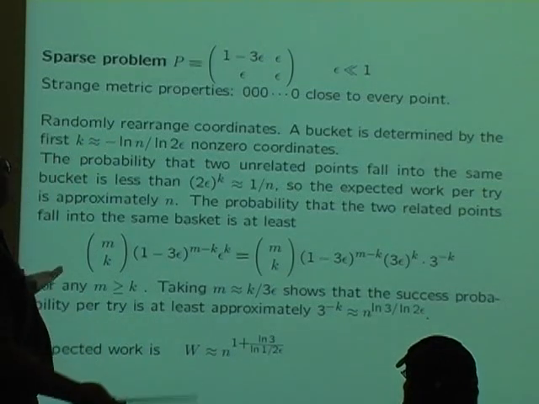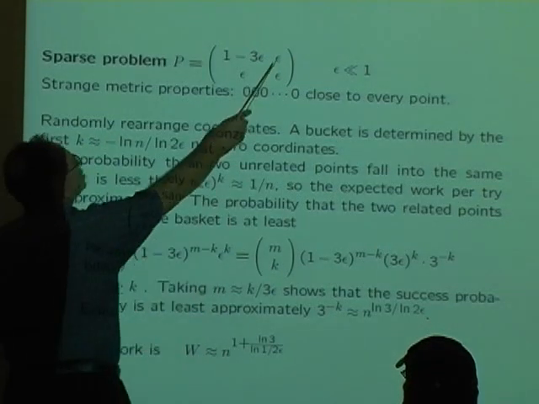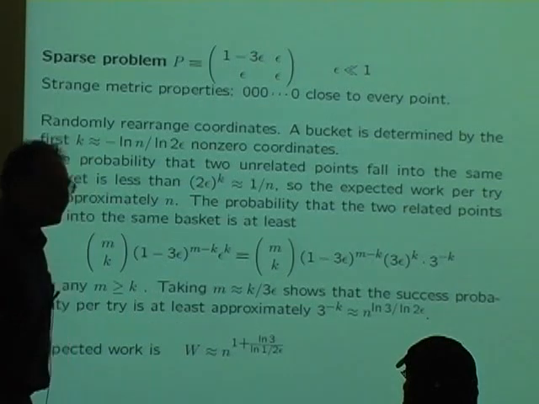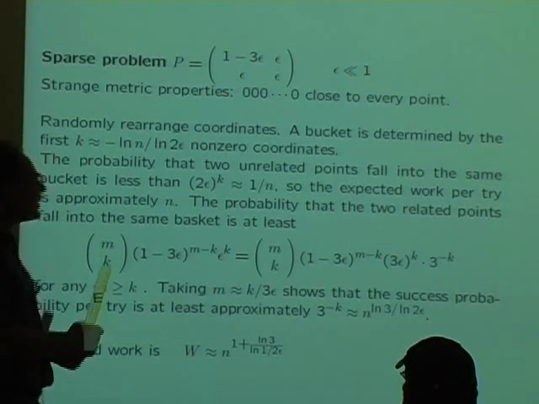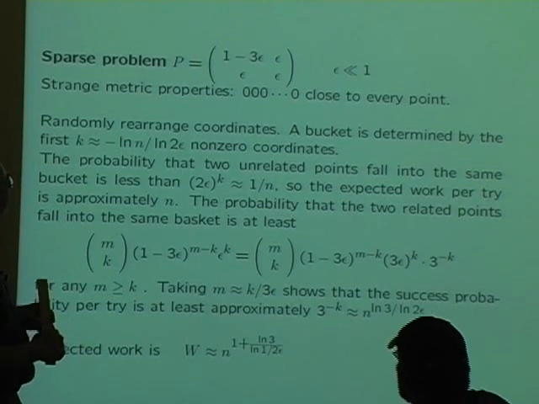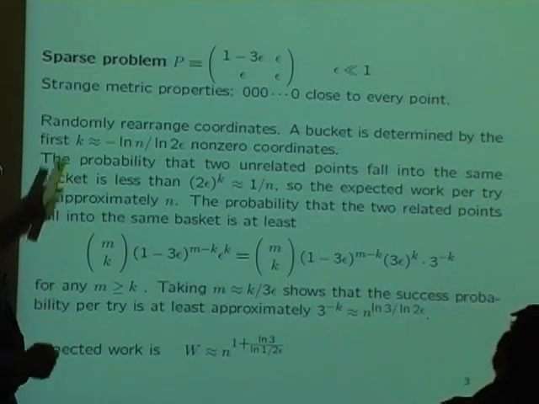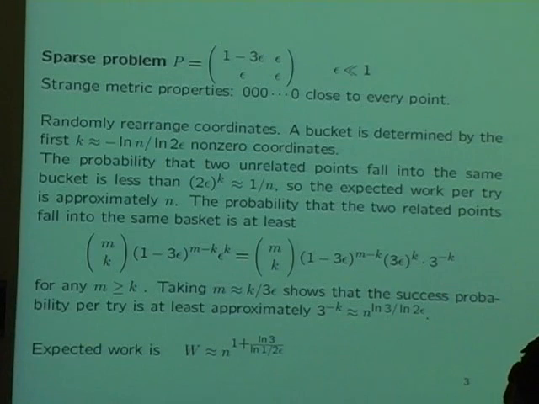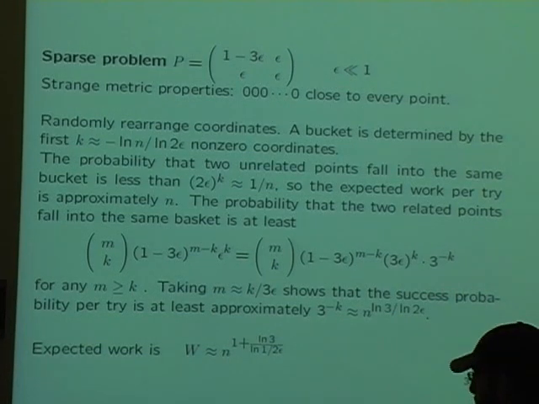And we could, of course, make this, say, 2 epsilon, and then it would be even worse. So the metric considerations become a bit tricky. It's not really right to look at it as a metric space at all. All right, so this is the sparse example. Any questions about it?